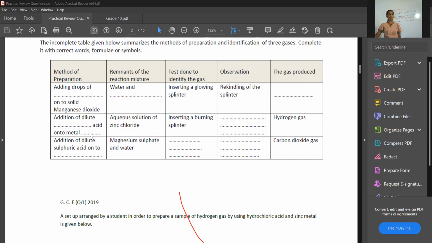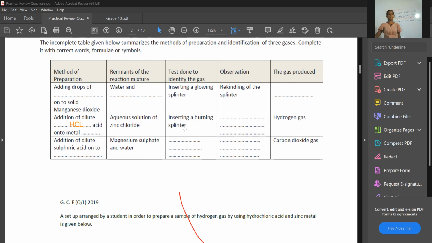So the metal should be zinc. In the aqueous solution of zinc chloride, chlorine is there, so the acid should be hydrochloric acid, HCl.